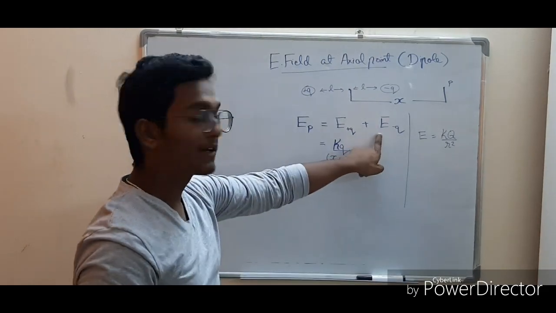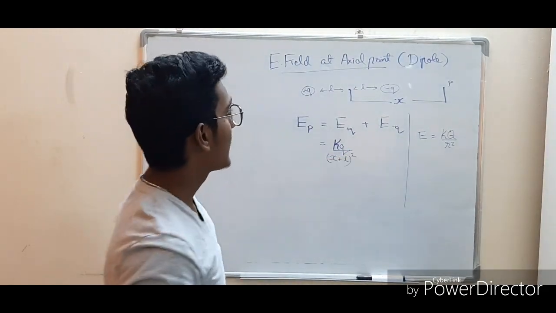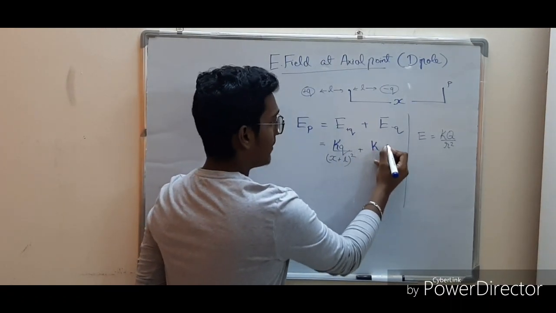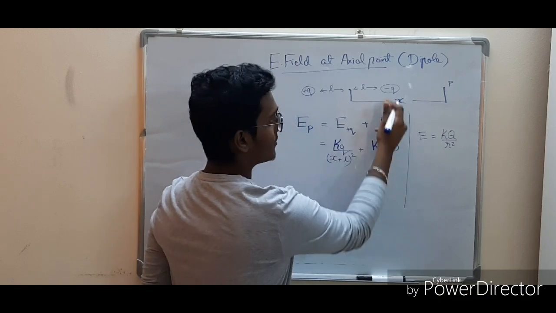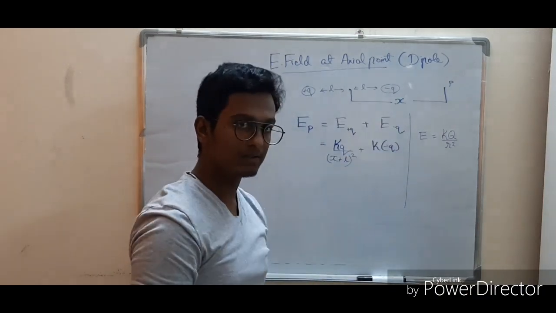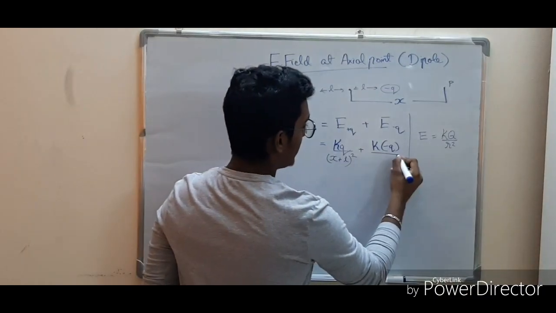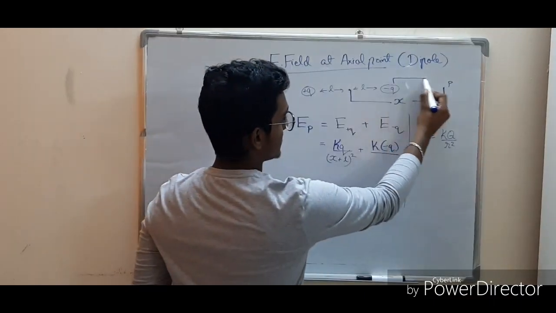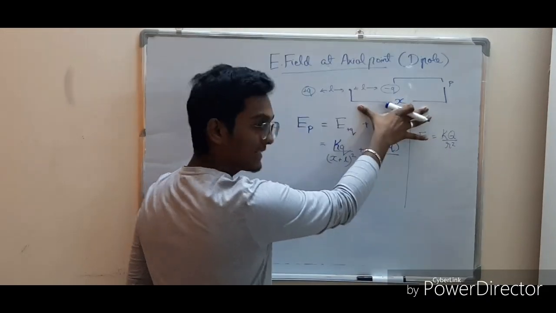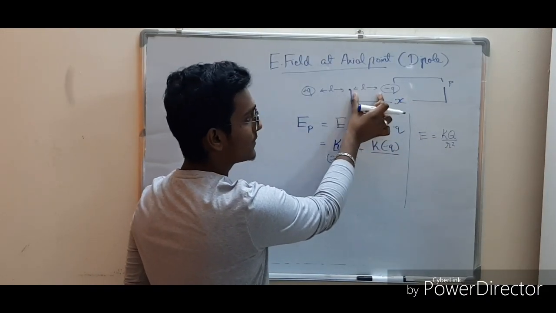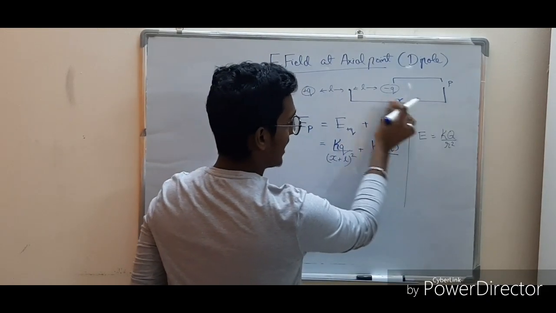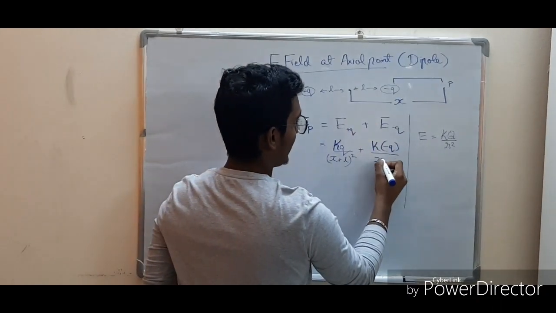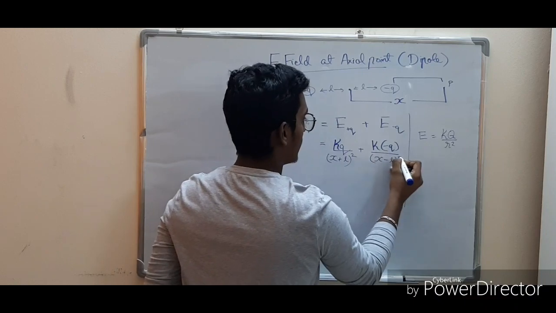Now what's going to be the electric field due to minus Q? It's going to be plus k, but the charge this time is negative, so you take it with the negative symbol, divided by the distance between minus Q and P. This distance is x minus L, the entire distance minus this portion gives us our required distance. So it's x minus L the whole square.